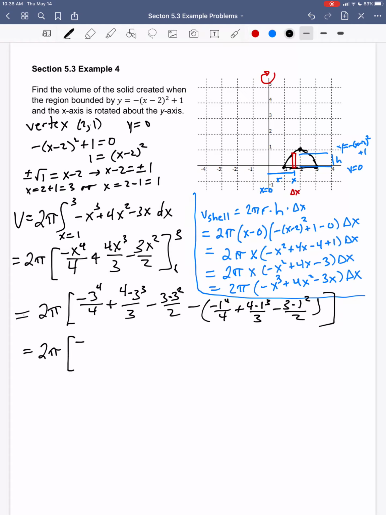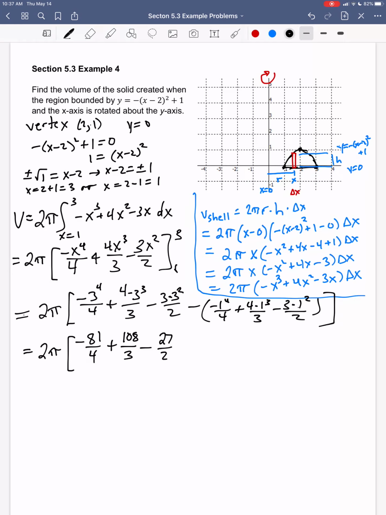So negative 81 over 4. 4 times 27, 108 over 3. 3 times 9, 27 over 2. Be careful now here with this minus. We need to distribute that to all the parts here. So negative 1 to the fourth.